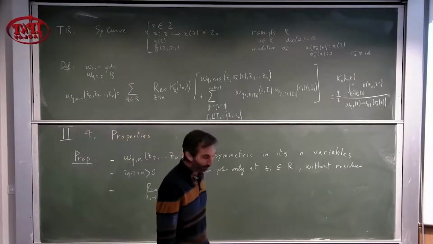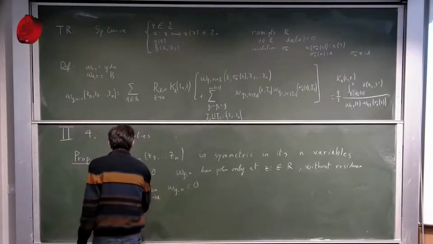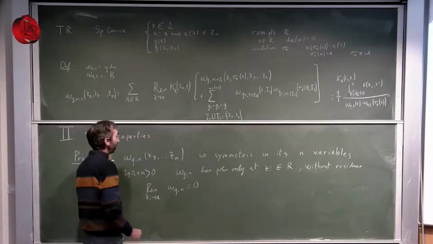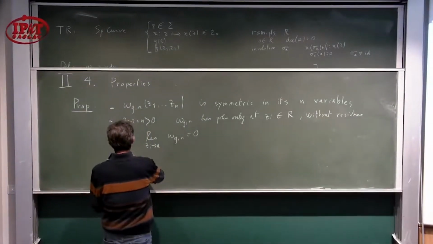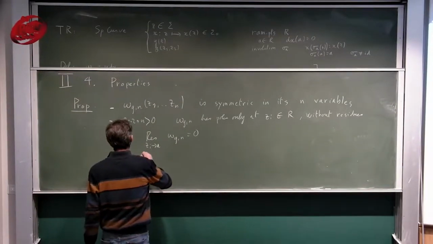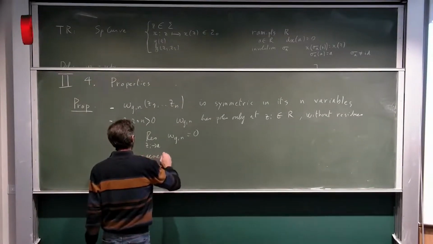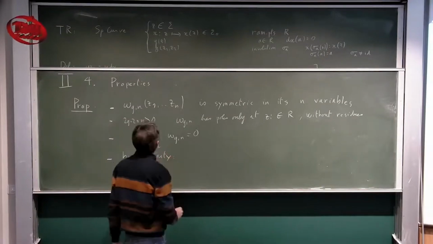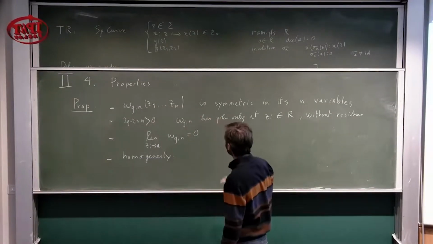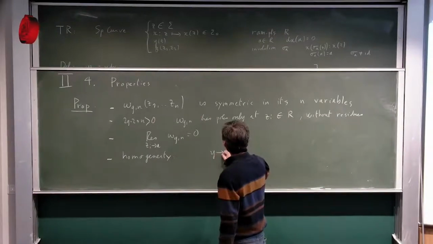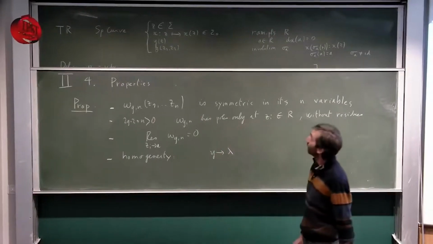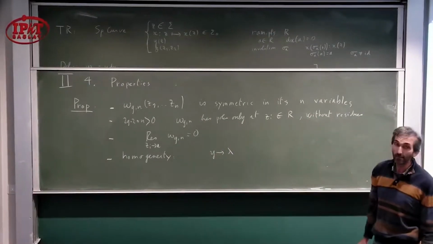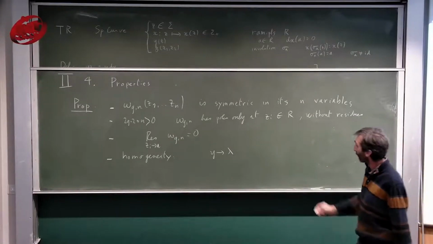Another important property is homogeneity. Imagine that I change my spectral curve and I change y to lambda y. And I don't change x, I don't change B, I don't change anything.